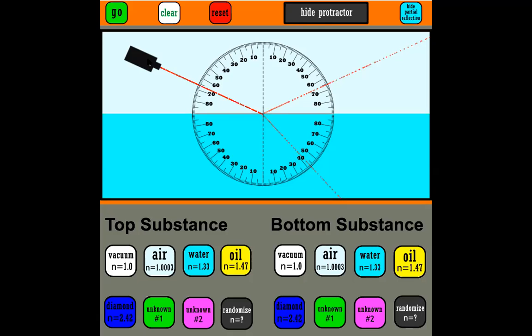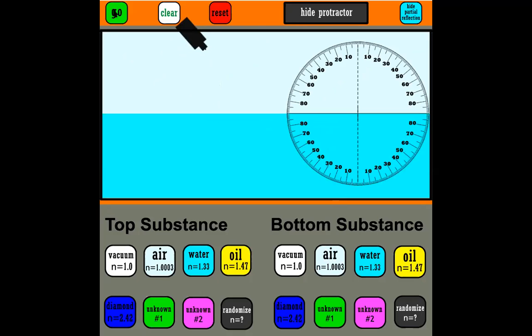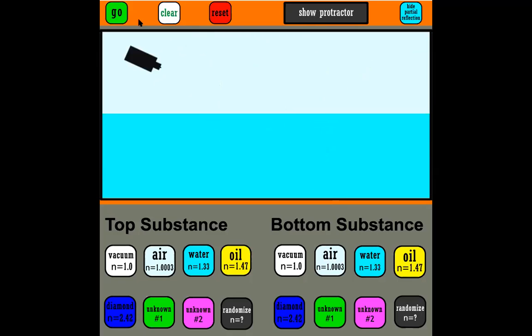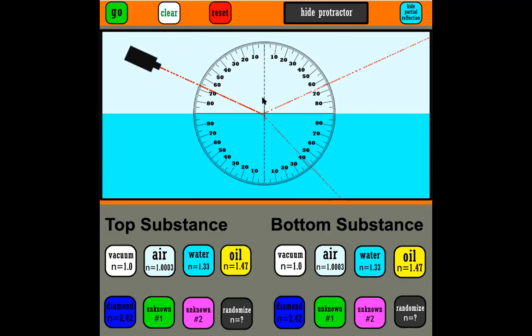Right, and we can just repeat it. I can move the laser. I didn't want to reset. I should have hit clear. Show my protractor again. When I move the laser, why did that happen? Go. Why am I having issues? There we go. This was the original setting. We just did that one.